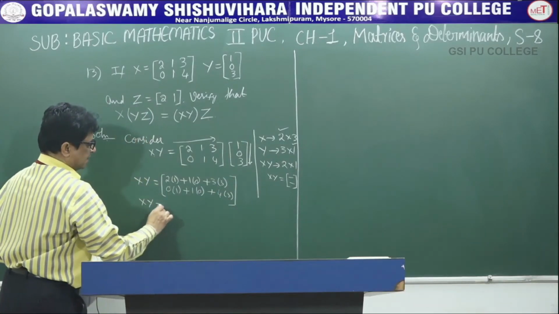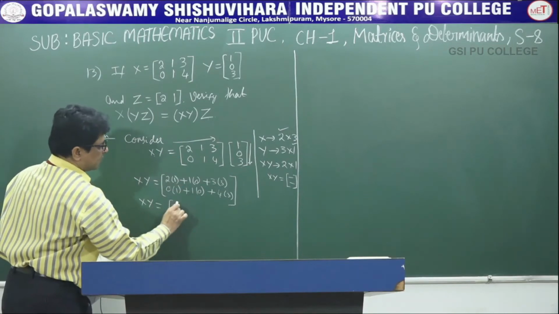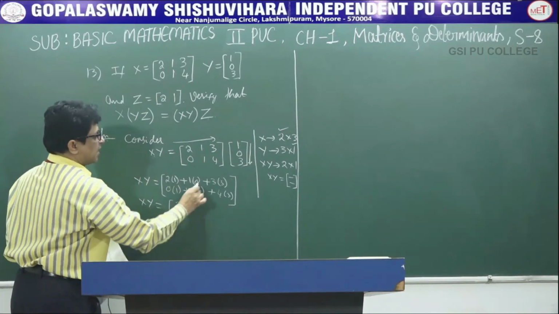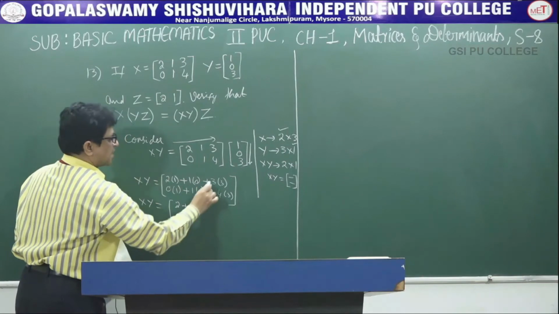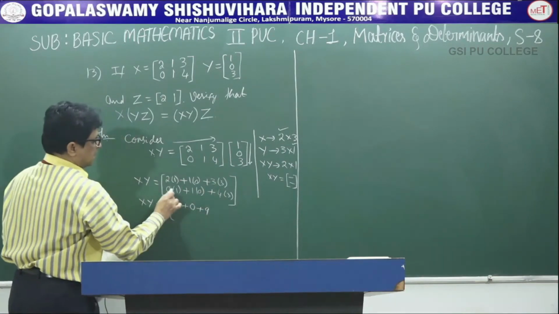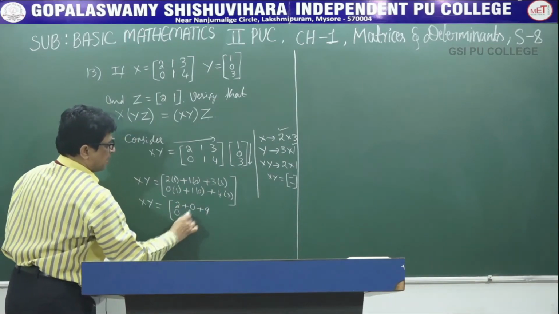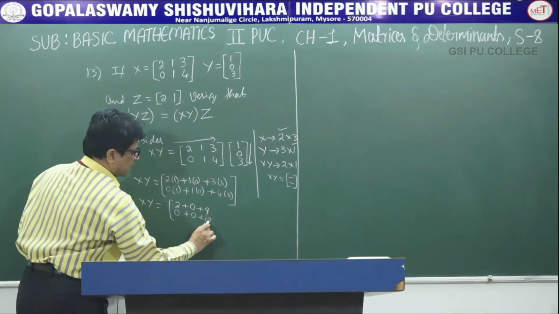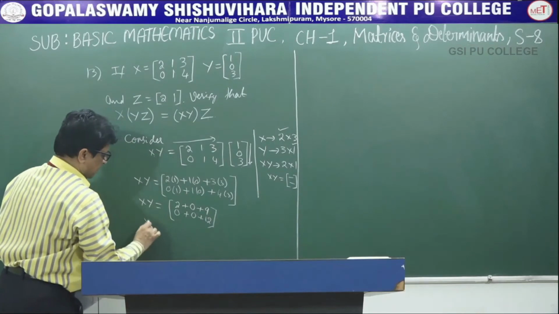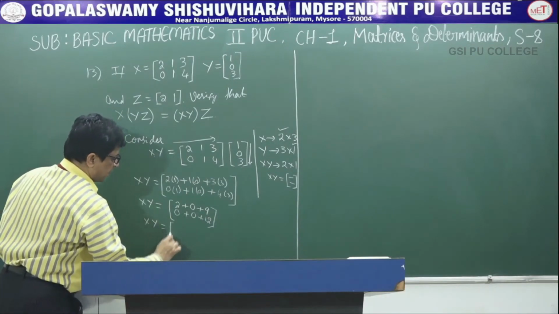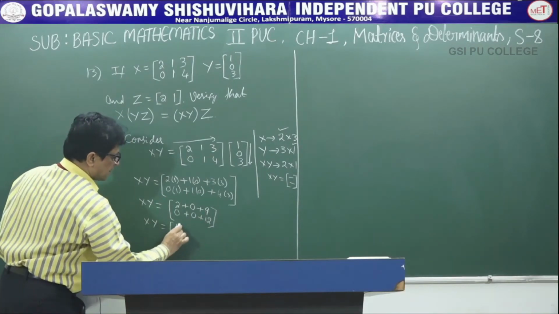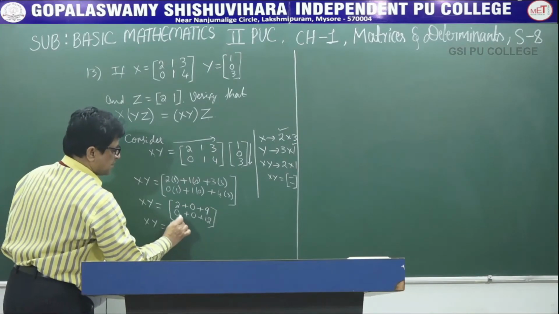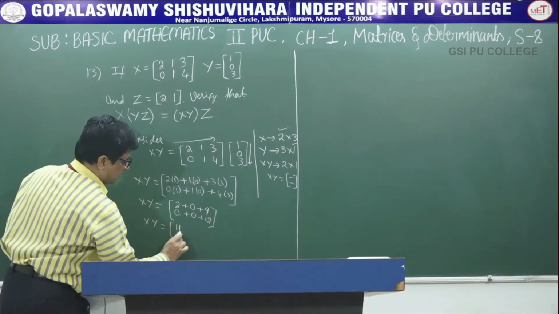So XY equals 2 into 1, 2 plus 1 into 0, 0 plus 3 into 3, 9. So 0 into 1, 0 plus 1 into 0, 0 plus 4 into 3, 12. So XY will be equal to 2 plus 9, 11, 0 plus 0 plus 12 is 12.